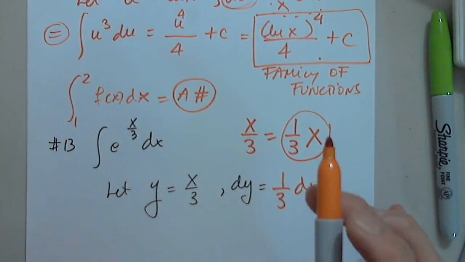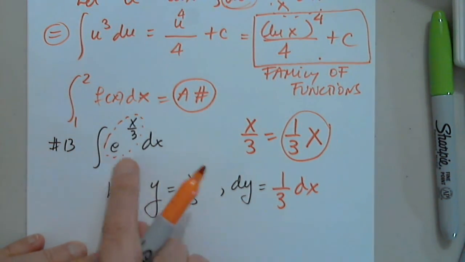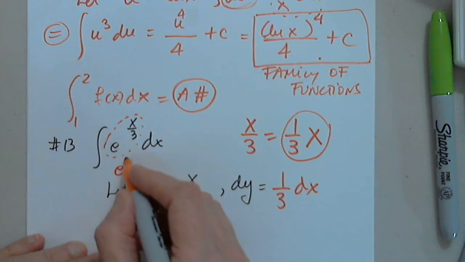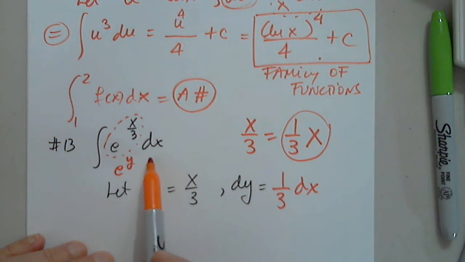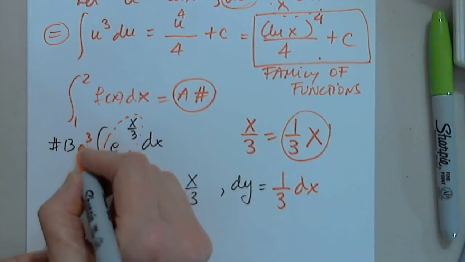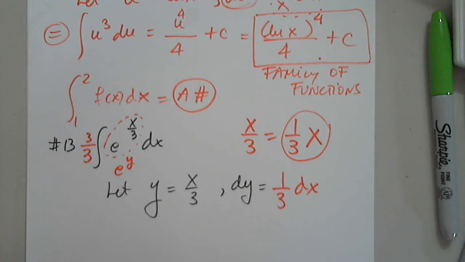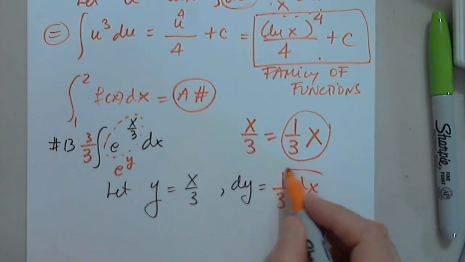So now I know that this piece will become e to y. But what about dx? It needs a 1/3 in front, or you can solve for dx. I think it's easier if we just say 3 over 3 in front. But I have to take the 1/3 with dx.